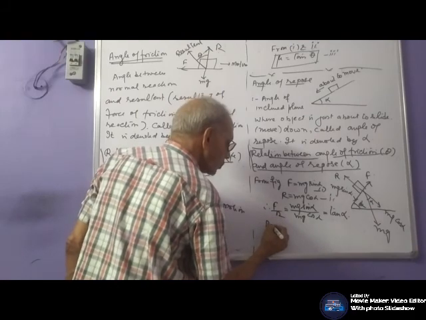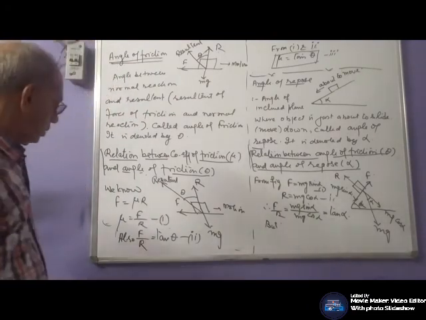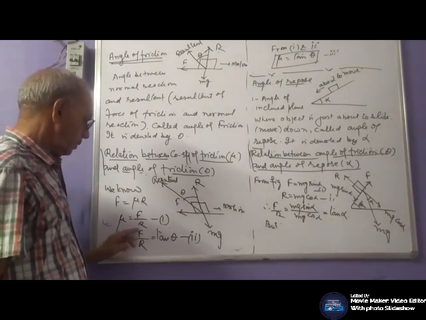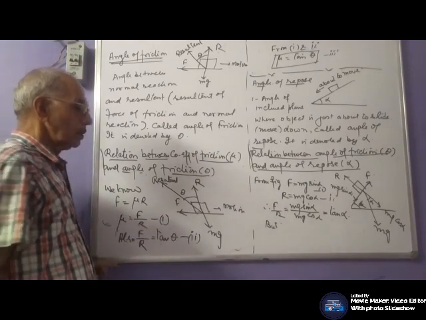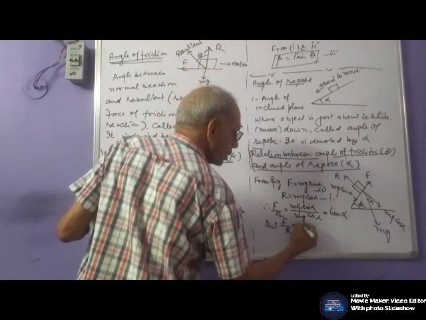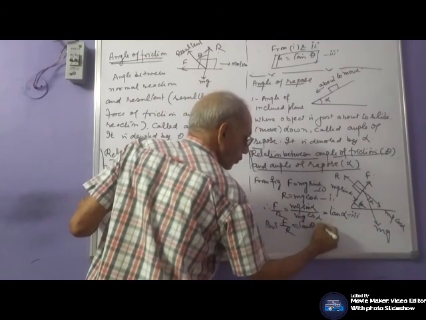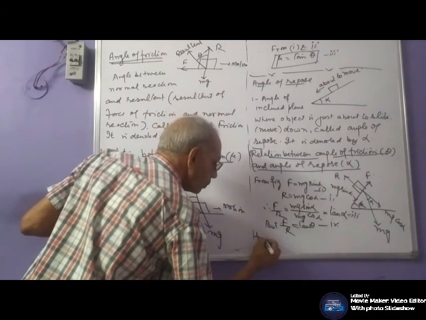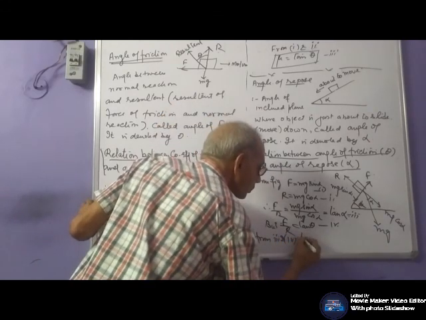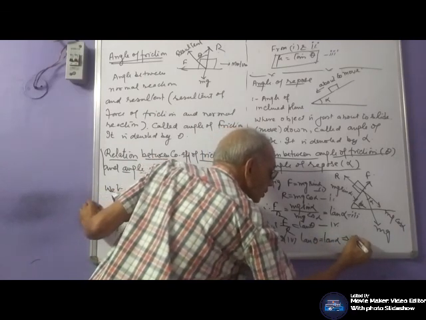But look here, F by R equals tan theta, third, fourth. From third and fourth, tan theta equals tan alpha, or theta is equal to alpha.